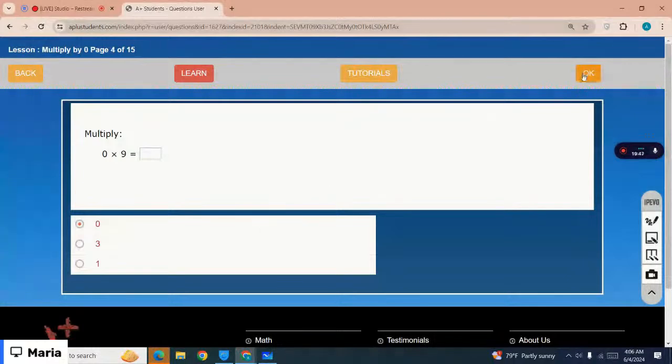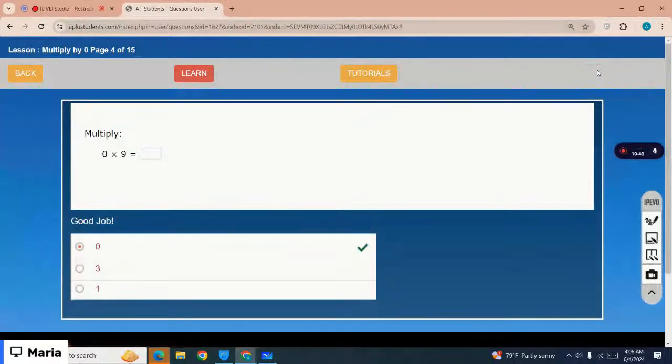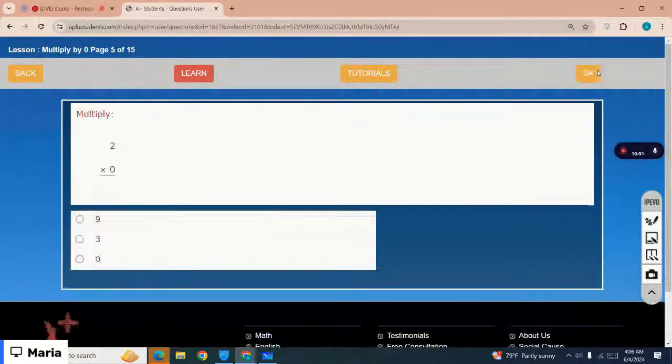The correct option is 0. 2 times 0, which is the correct option? 2 times 0 is, yes, 0.